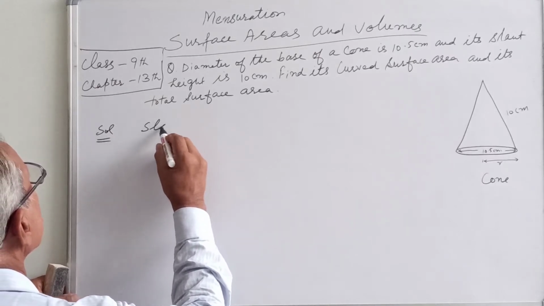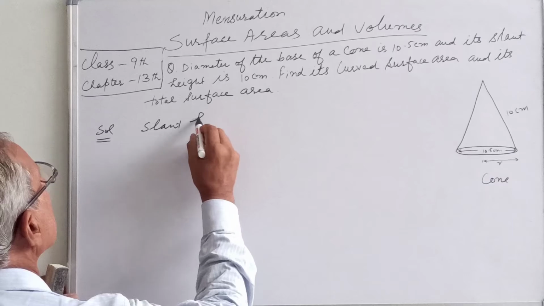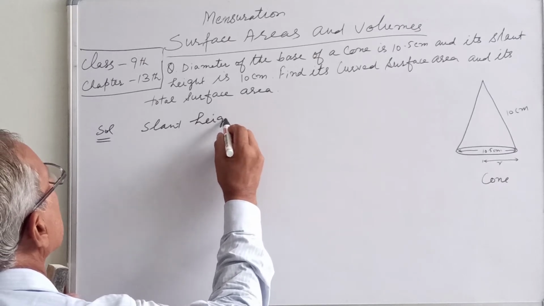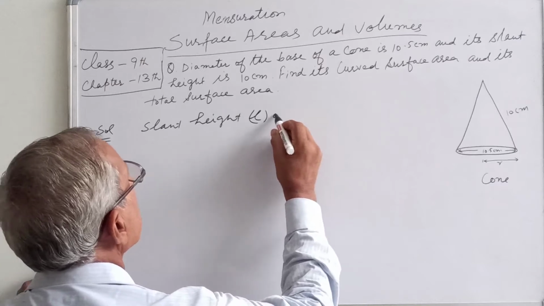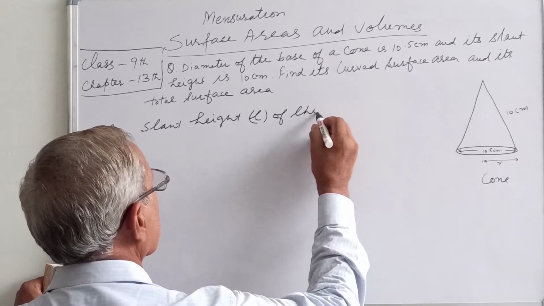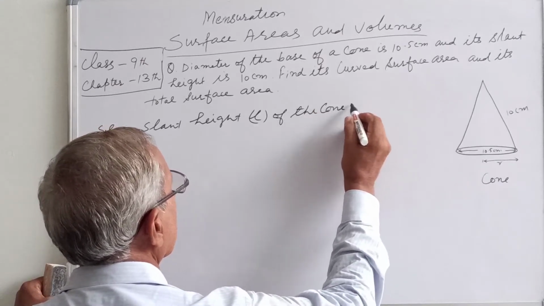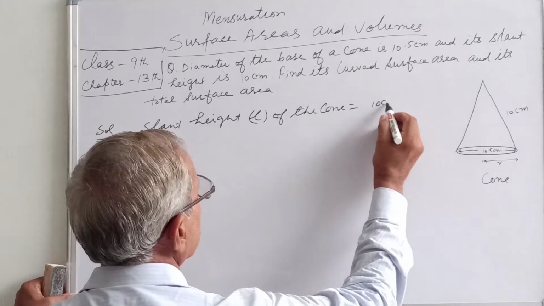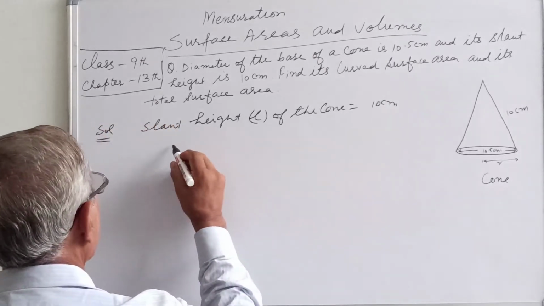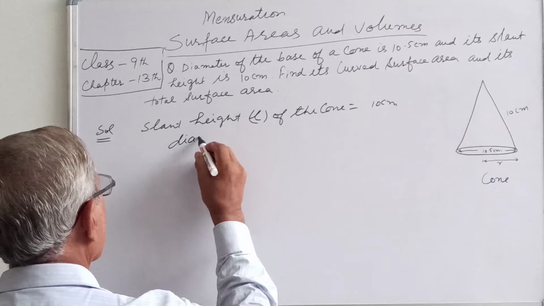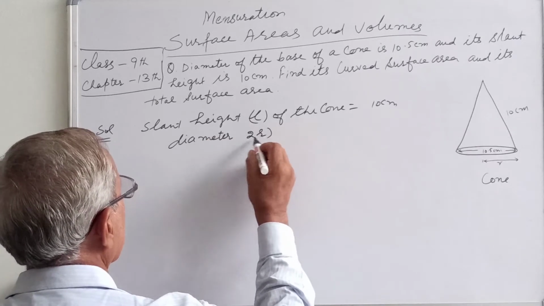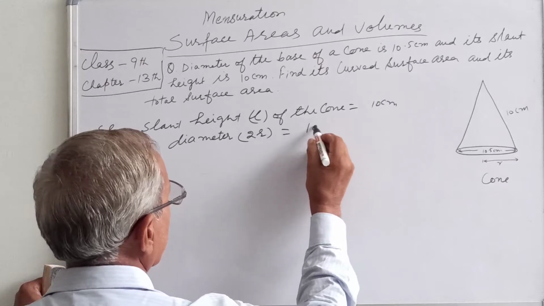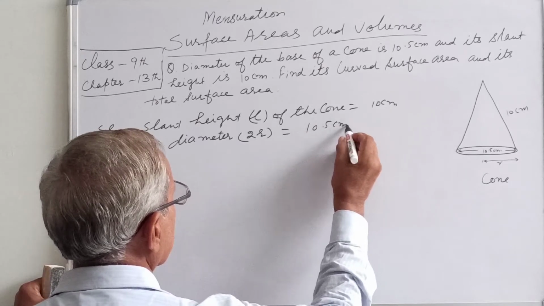Slant height L of the cone is 10 centimeter, diameter 2r is equal to 10.5 centimeters.